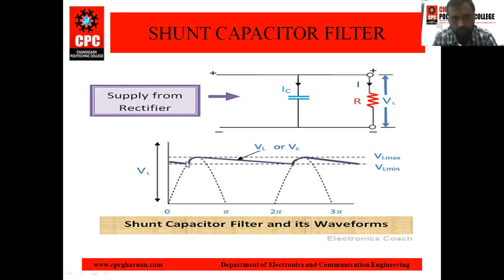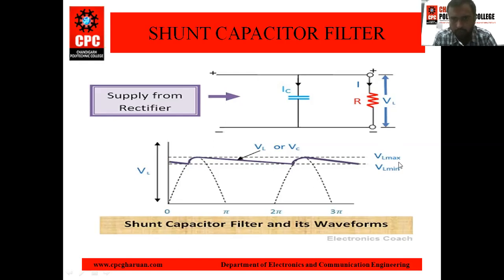When the input is applied, the capacitor starts charging, as shown in the figure, up to the maximum level. After the maximum level, the capacitor starts discharging slowly. At this point, the voltage is again applied at the input, so the capacitor again starts to charge, then discharge, then charge, then discharge.